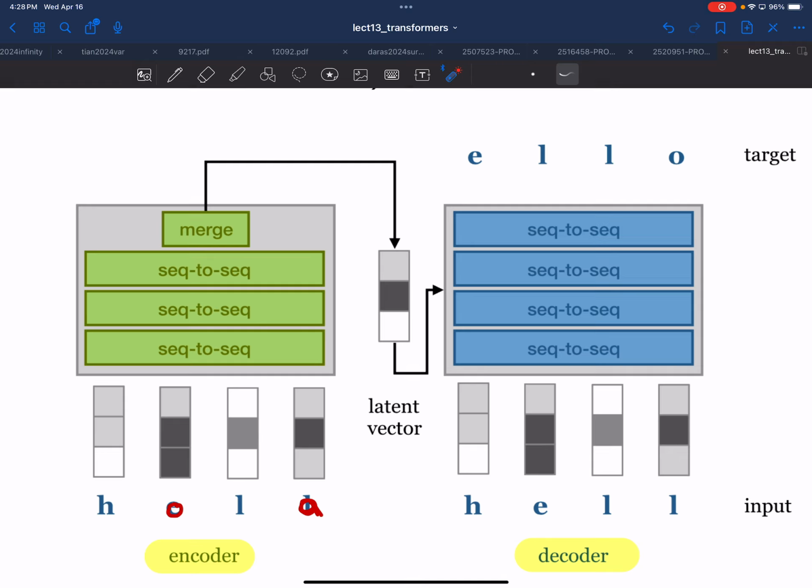Given this input, we're training it to predict this output. But at inference, it might mess things up, so we ignore these, and we take this and combine those and set that as the new input, and we gradually generate the words, the characters in this word or the words in the sentence, depending on how we broke things up into tokens.